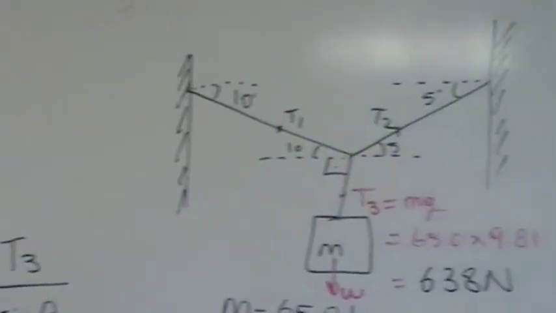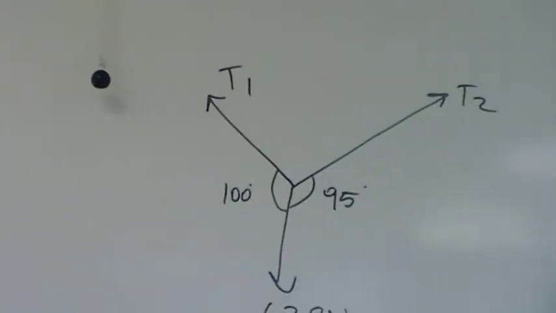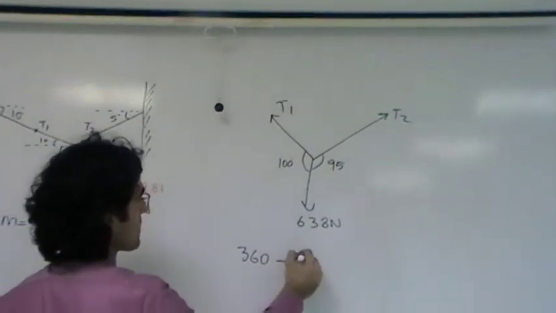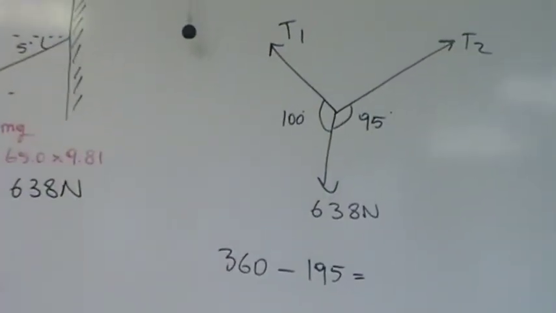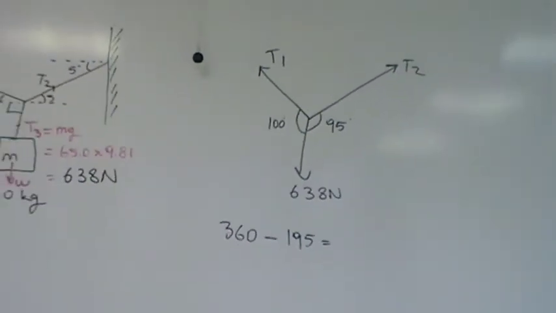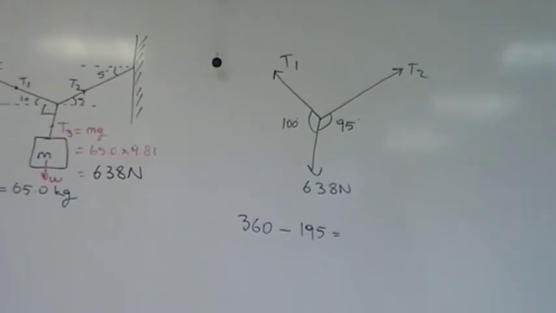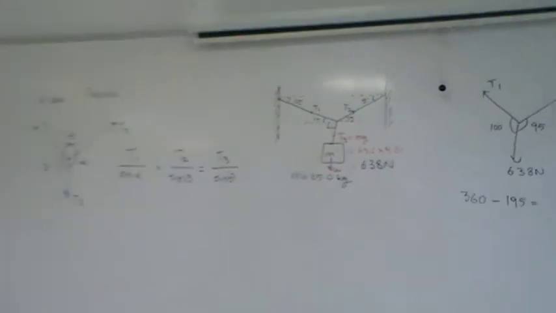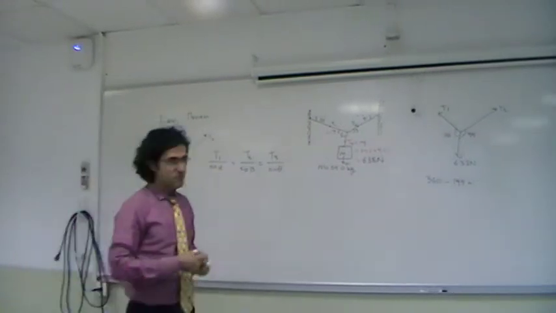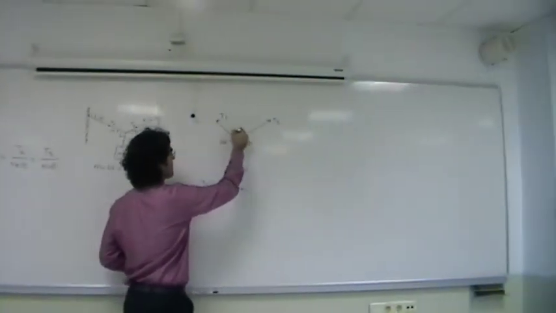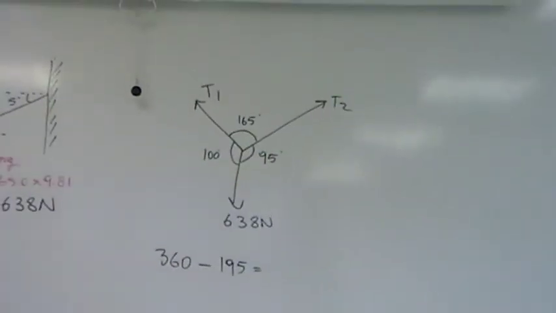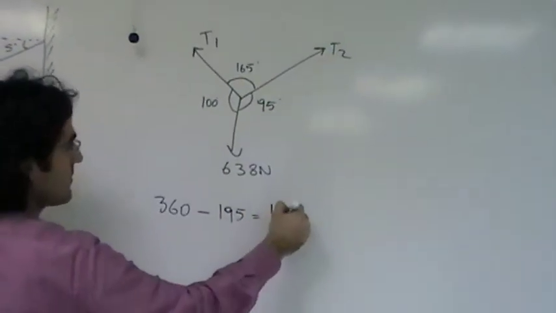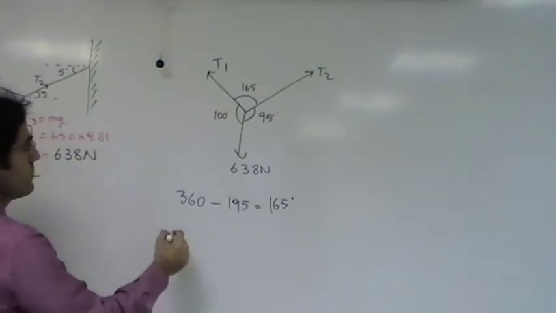So what is left? If you subtract 195 from 360, you are going to get the angle right opposite to 638, which is 165. So this is 165 degrees. I'm going to write down Lami's theorem here right now.